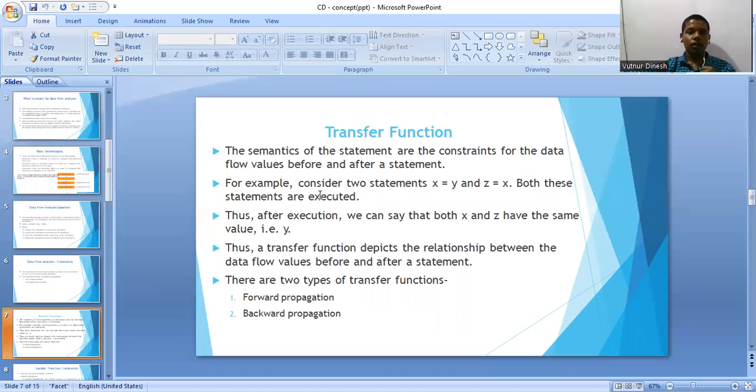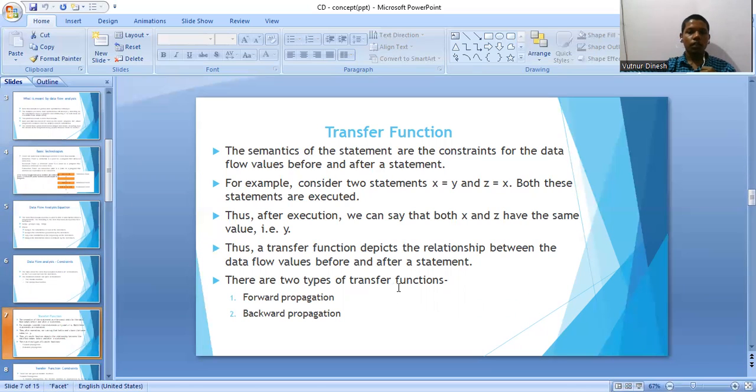For example, consider two statements x equal to y and z equal to x. Both these statements are executed. Thus, after execution, we can say that both x and z have the same value, that is y. Thus, a transfer function depicts the relationship between the data flow values before and after the statement.